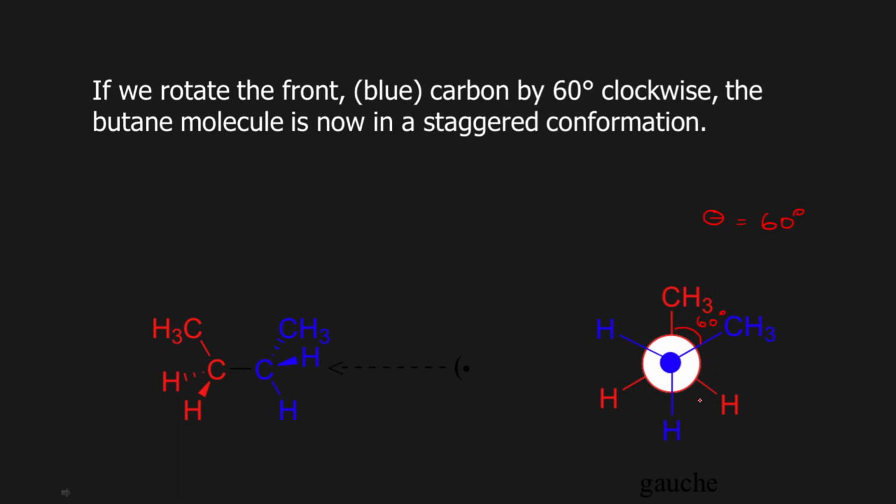Of course, they are going to be given different names as we keep going further, but here the methyl groups are further apart from each other. Therefore, this is known as the staggered form. So this is the staggered conformation which we have. Two conformations are most important: the first one is your eclipsed and the second one is your staggered, and the rest of them are going to be derived as we keep rotating it by 60 degrees.